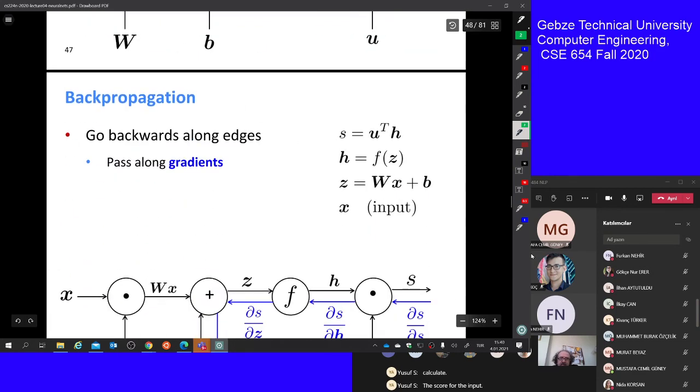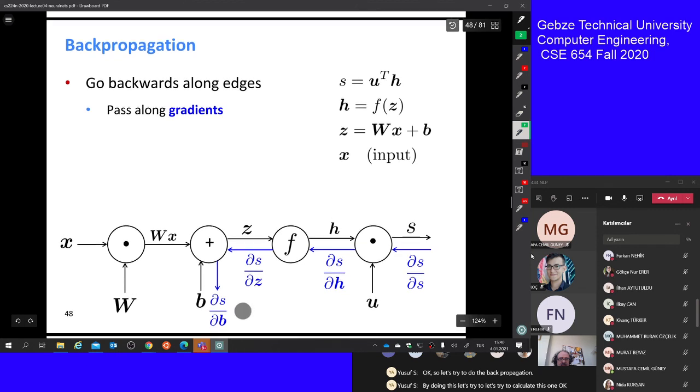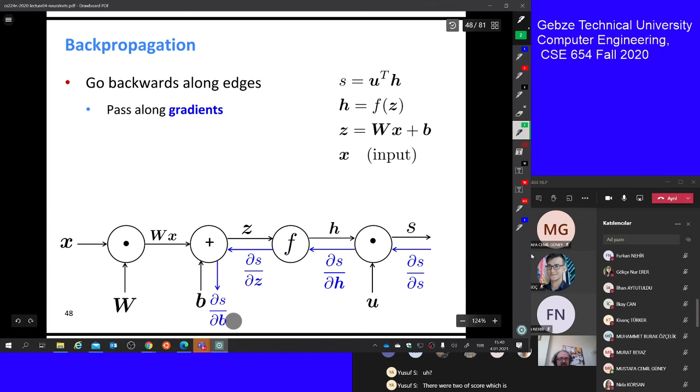So let's try to do the backpropagation. By doing this, let's try to calculate the derivative of the score with respect to B. If I change B a little bit, what happens to the score?